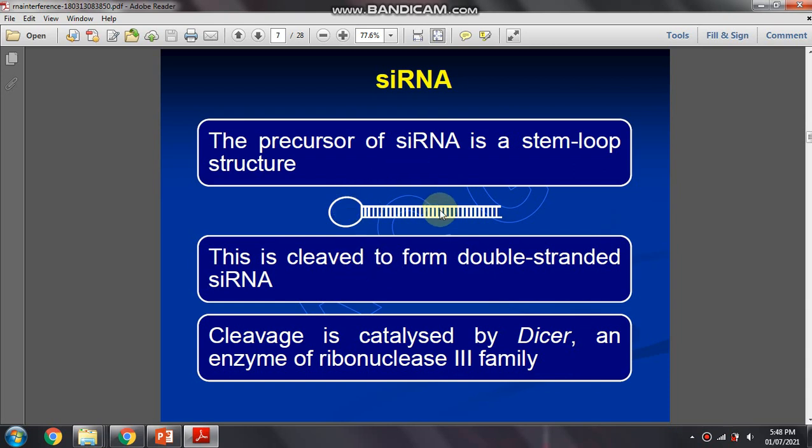This is cleaved to form double-stranded small interfering RNAs. Cleavage is catalyzed by the enzyme dicer, which has ribonuclease activity, meaning it can cut RNA. Dicer belongs to the ribonuclease 3 family. Remember, siRNA is cleaved by dicer.